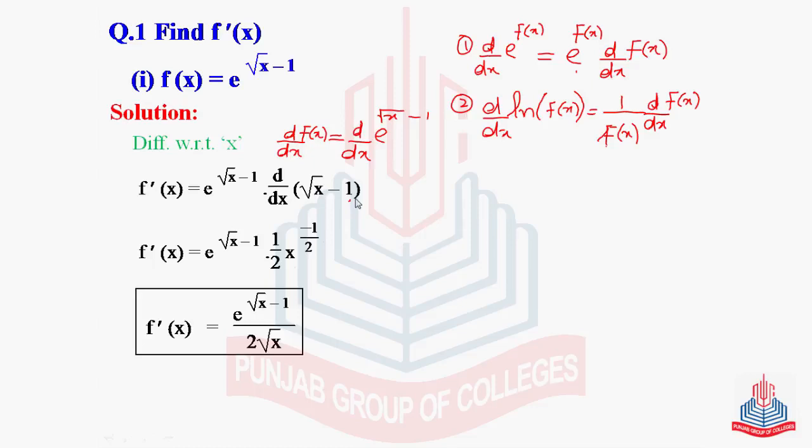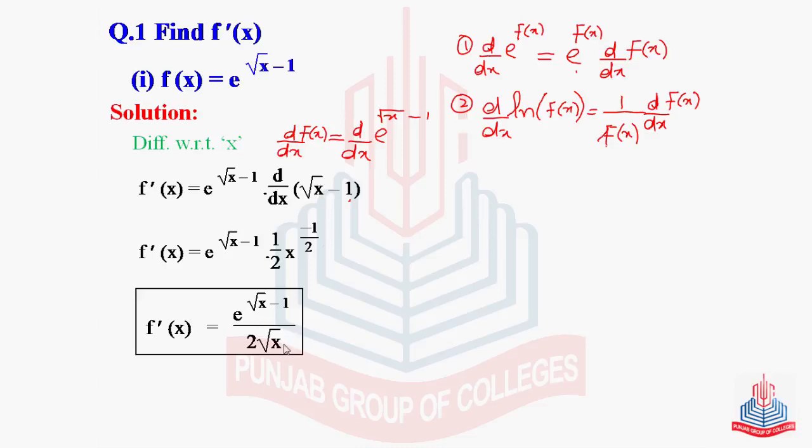So finally we have e raised to the power square root x minus 1. This 2 will be as it is, and here x containing a power minus 1 by 2, when we shift it into the denominator, that power will become positive 1 by 2 and can be written as square root of x.